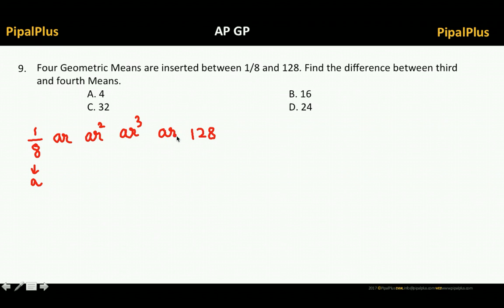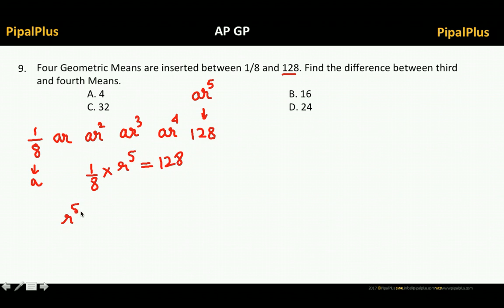The fourth mean is going to be AR to the power 4, and this 128, which is the last term, actually ends up becoming AR to the power 5, right? Now if in this geometric progression I've taken my A to be 1 by 8 and AR to the power 5 equals 128, then I can simply find A, R to the power 5 equals 128.